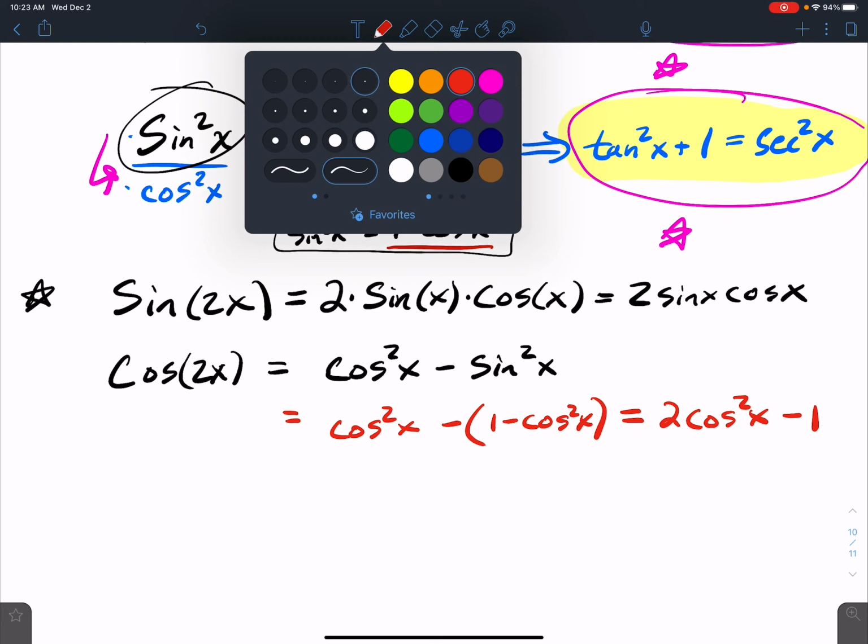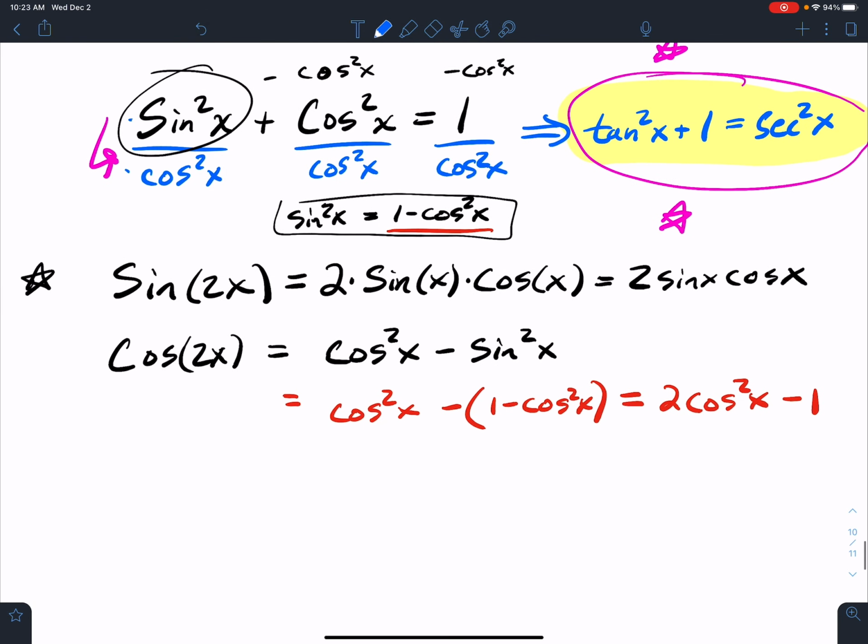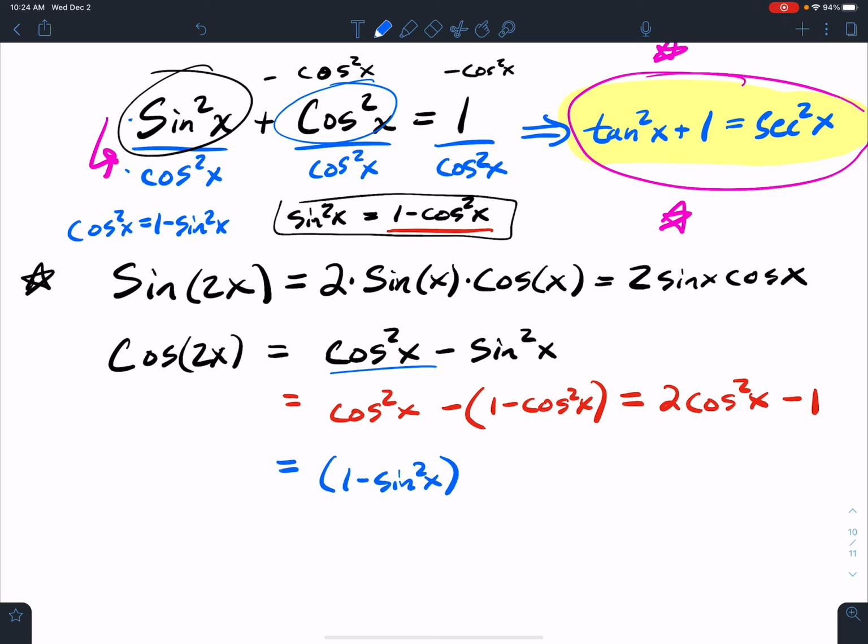Okay? Another version that you can do, instead of replacing sine squared with 1 minus cosine squared, we can replace the cosine squared part. If I solve for the cosine squared, I get cosine squared x equals 1 minus sine squared x, right? So after I replace that with 1 minus sine squared x, and then minus sine squared x, what do I get?